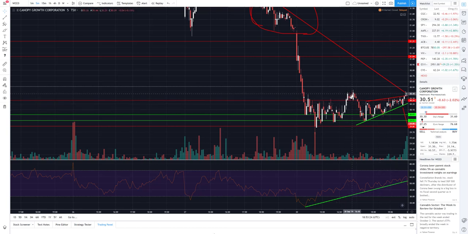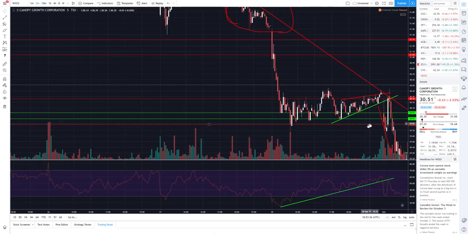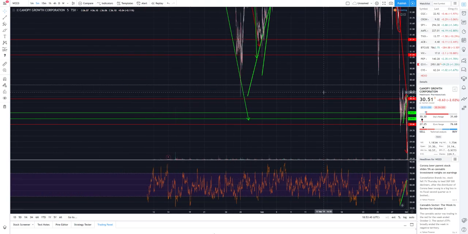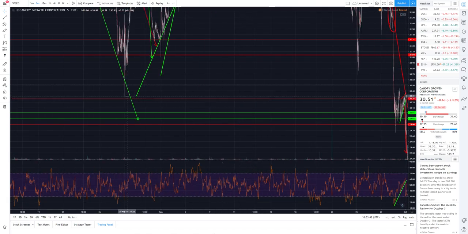Because this was the pop, it ended up getting rejected, right? Basically the most recent top. So the level of this loss was 30.30, which was also the level that it gained. The exact low was 30.31.